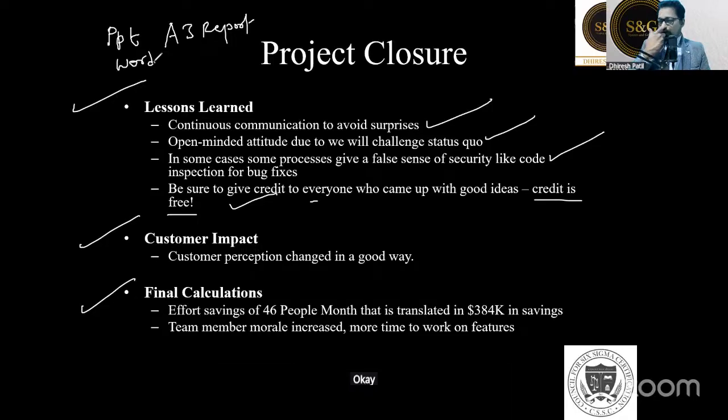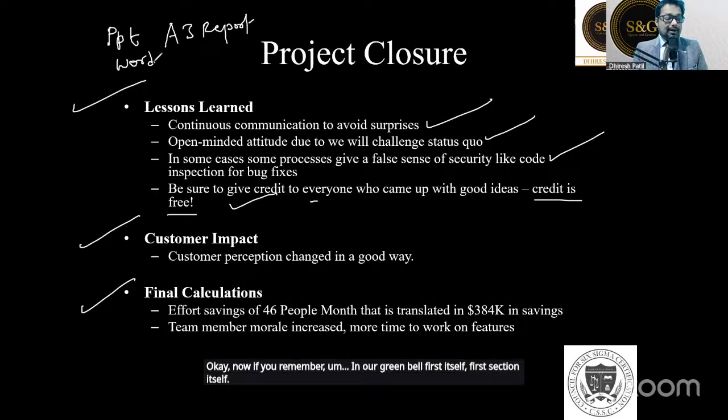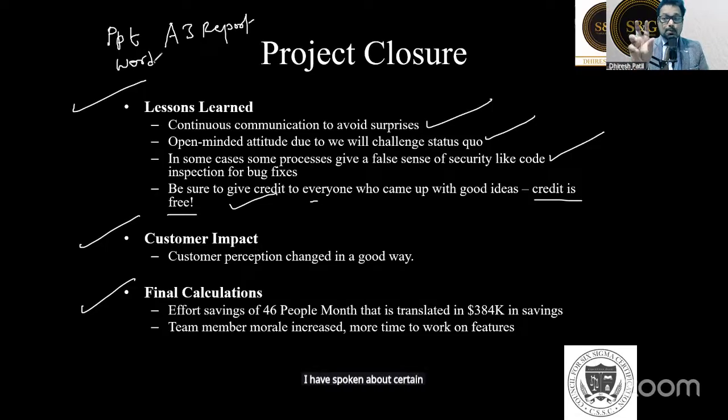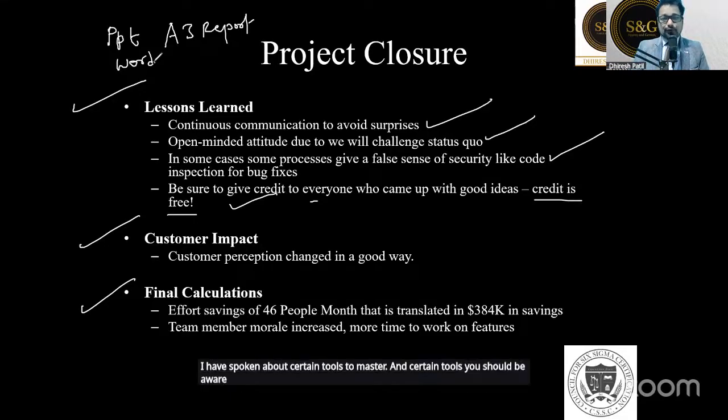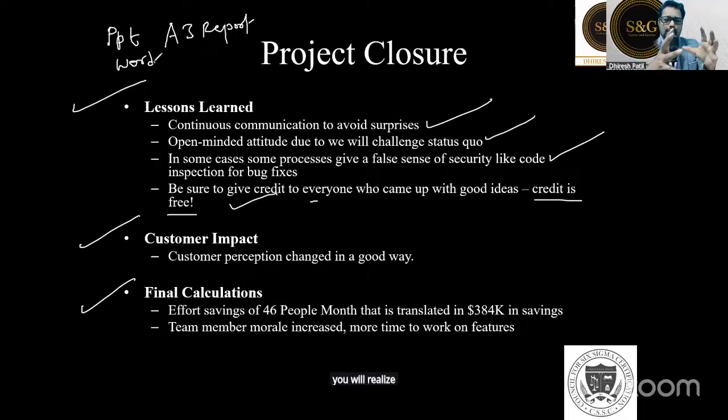Now, if you remember, in our green belt first section itself, I spoke about certain tools to master and certain tools you should be aware of. If you go through that session, you will realize that if we focus only on this much of Lean Six Sigma tools, we should be able to easily become master in the subject.